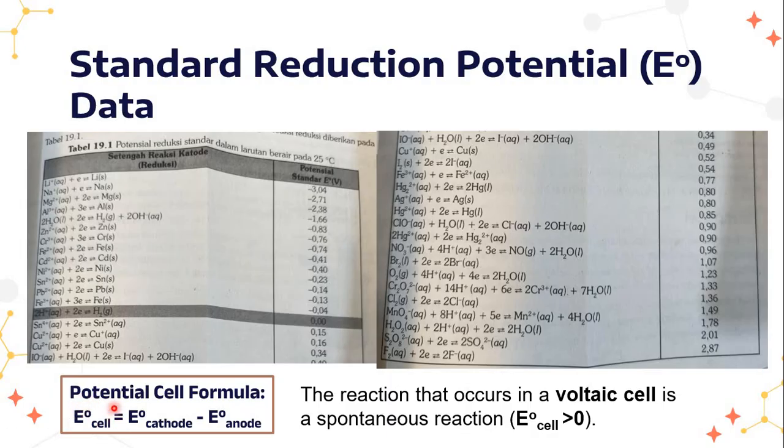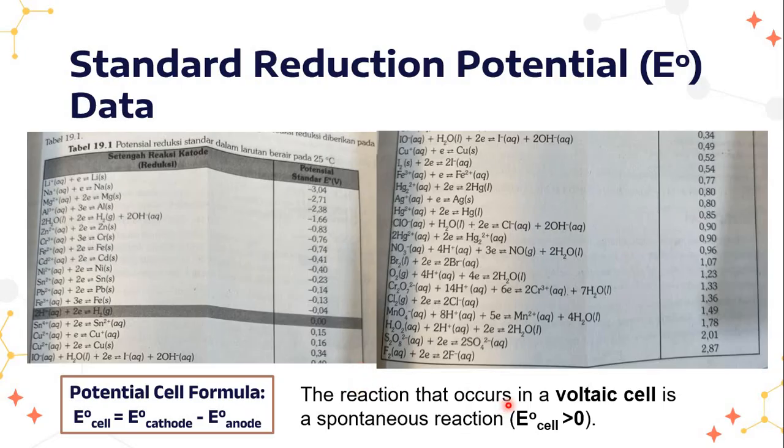To get the cell potential, it equals the standard reduction potential at the cathode minus the standard reduction potential at the anode.